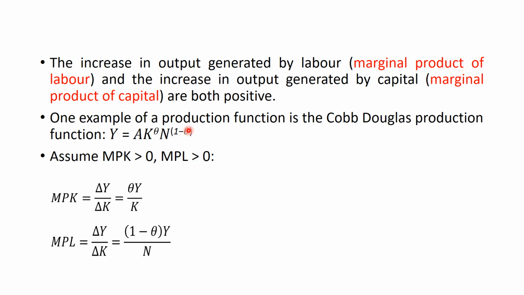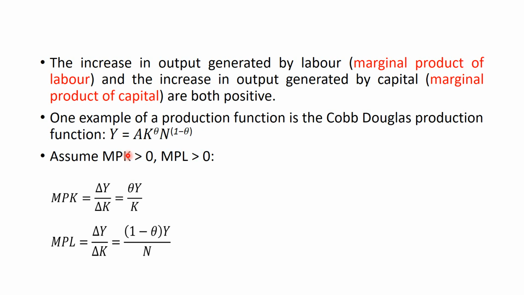But essentially what it's important to know is that the Cobb-Douglas function takes on a form which looks like this or similar to this, and that the exponents on the capital and the exponents on the population size, theta and 1 minus theta respectively, will sum to 1. And that's a really useful property for the production function to have in economics, because it means then that there are constant returns to scale. And that's why we then use the Cobb-Douglas production quite a lot in the work that we do.